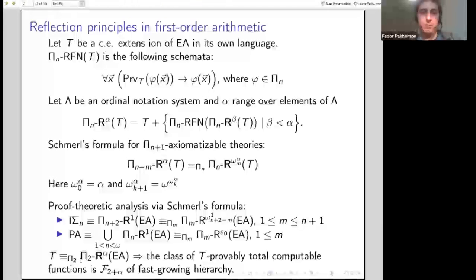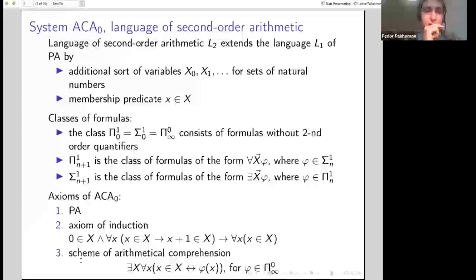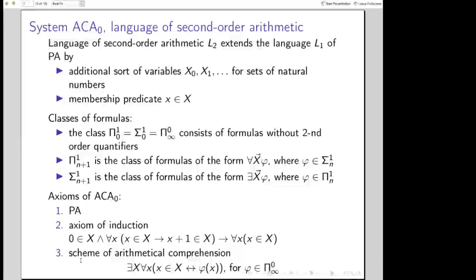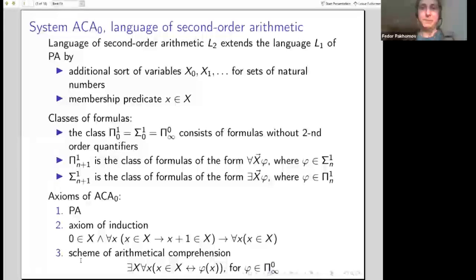Okay, so now let's go to the situation with reflection in second order arithmetic. As usual, the language of second order arithmetic extends the language of first order arithmetic by an additional sort of variables.